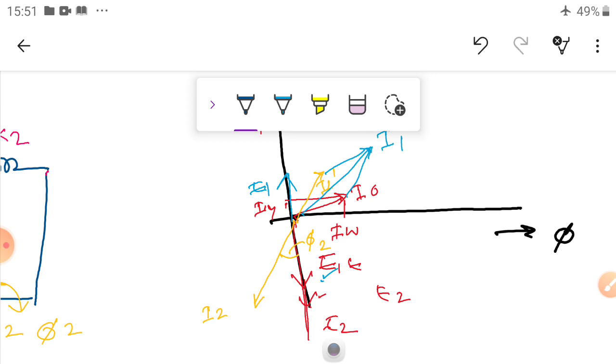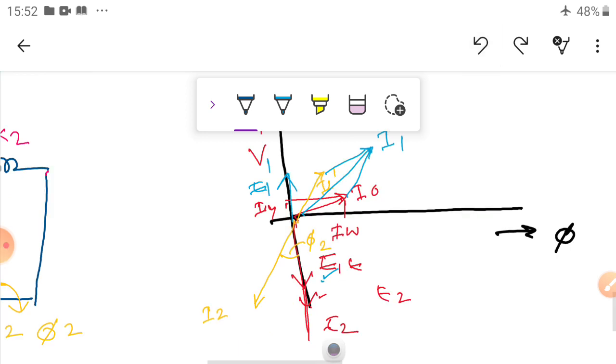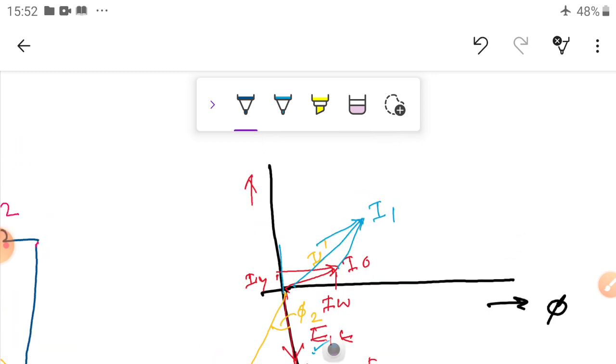This is E1, or you can take it this way. Now you can remove this also. Now you write the values.